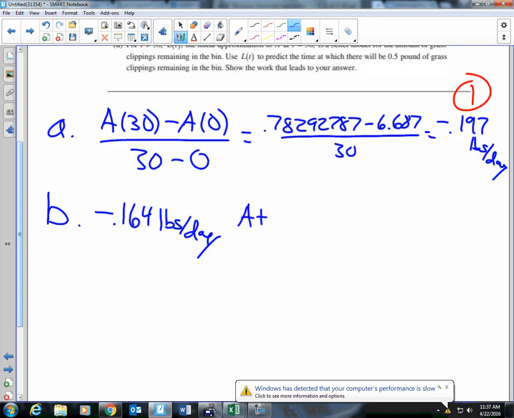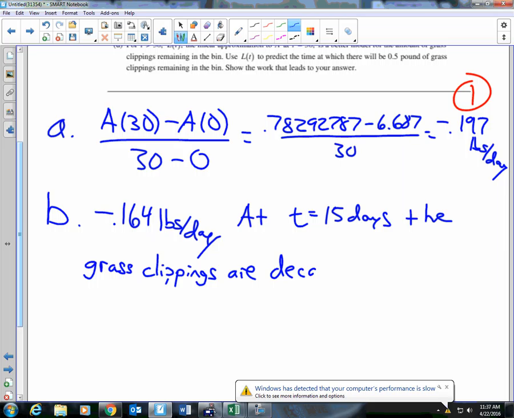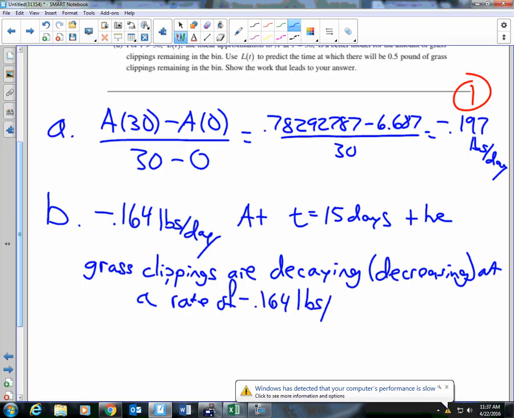At time equals 15 days, the grass clippings are decaying, we're decreasing, at a rate of negative 0.164 pounds per day. That's what we want to say.